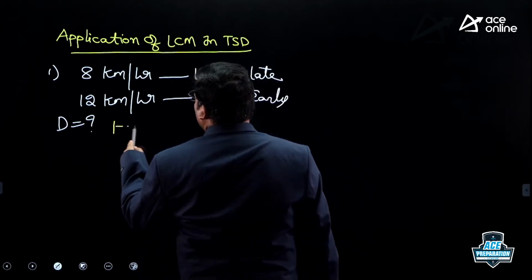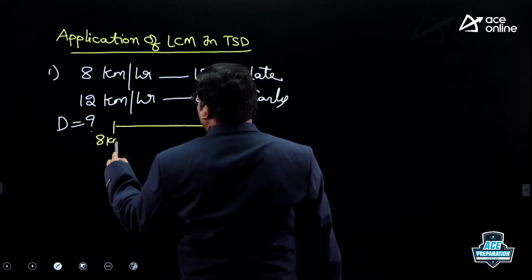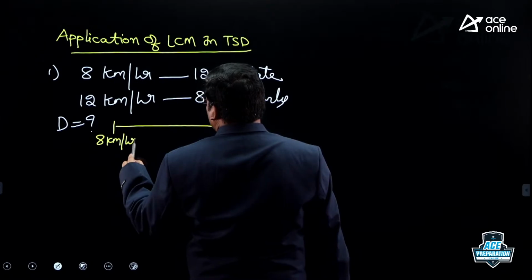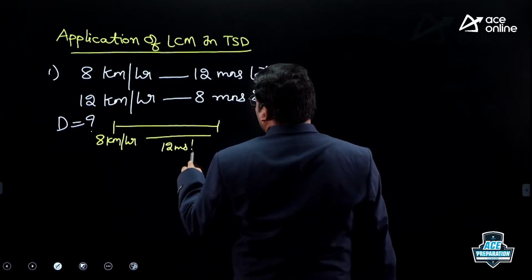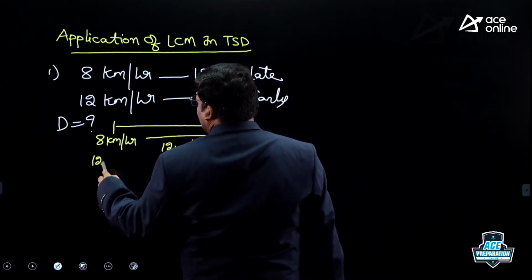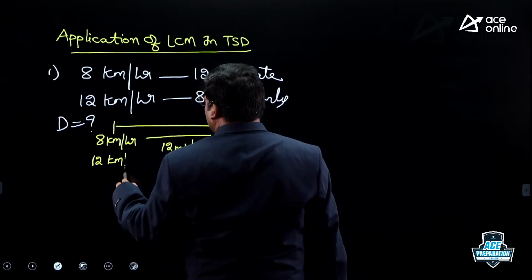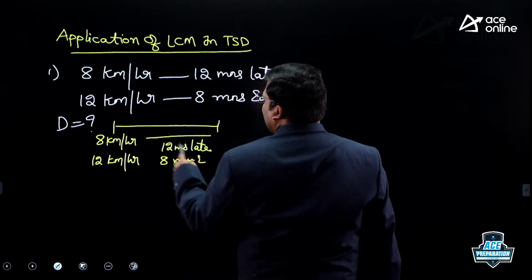Anil Nair started from home at 8 kilometers per hour. He reached office 12 minutes late. Next day, he started at 12 kilometers per hour. He reached office 8 minutes early.